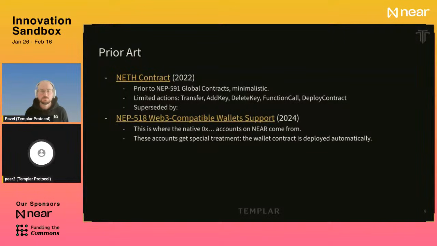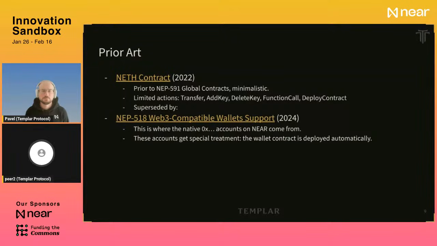And it was kind of superseded in 2024 by the NEP-518 Web3-compatible wallet support proposal. And this is where we get those magical-seeming 0x-like native Ethereum account addresses on NEAR. These accounts are getting a special treatment.